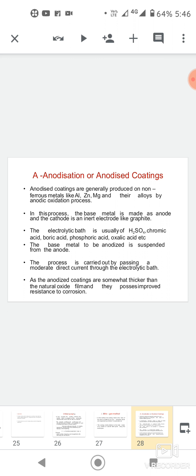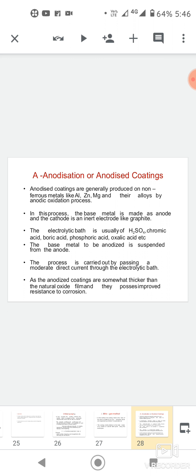Above 30 degrees centigrade, no anodizing will take place because sulfuric acid will dissolve the oxide. At 20 degrees centigrade, an oxide film of 0.01 mm thickness is produced.